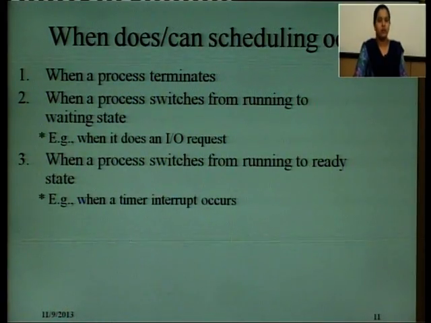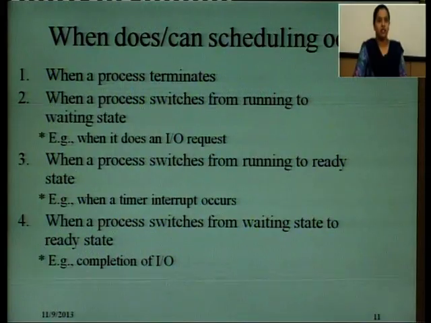Third is when a process switches from running to ready state, then scheduling is also needed. This occurs when a timer interrupt occurs. And the fourth is when a process switches from waiting state to ready state, meaning completion of input output.